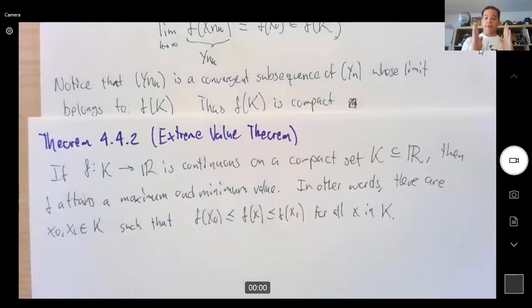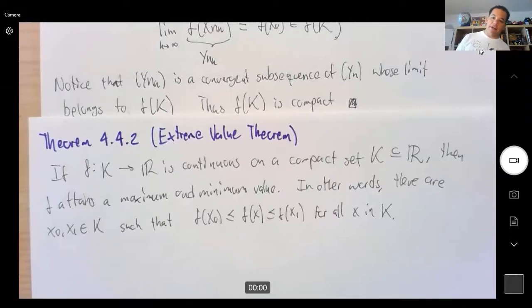See, if we pick a closed interval, it's closed, obviously, and it is bounded, so therefore it is compact. So we knew this theorem for closed intervals. In calculus, you may remember you argued that if you have a function continuous on a closed interval, then it has a maximum and a minimum. And then we had a procedure to find those, right?